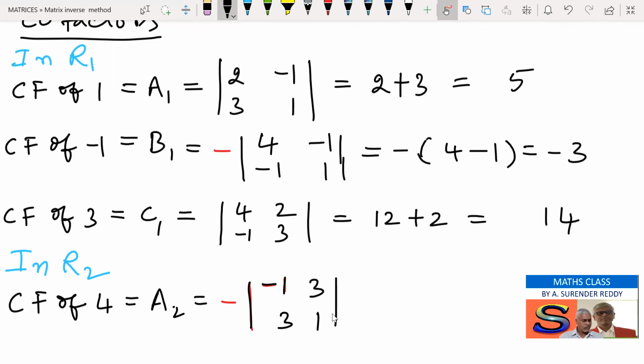So minus into minus 1 into 1, minus 3 into 3, 9. So minus 10. So minus into minus, this becomes plus 10.